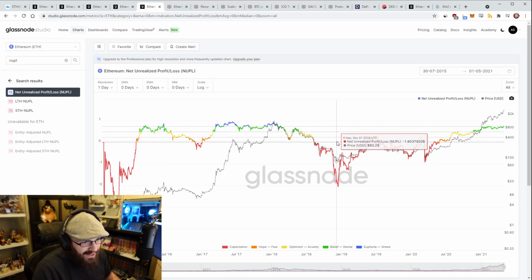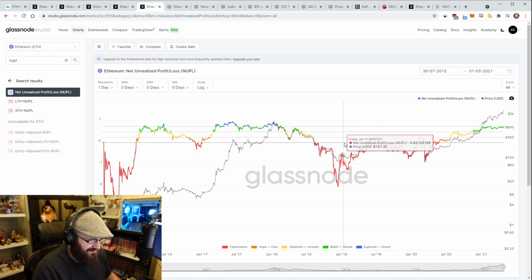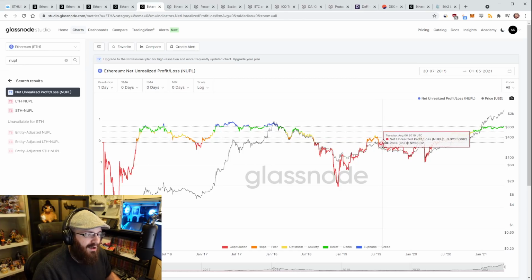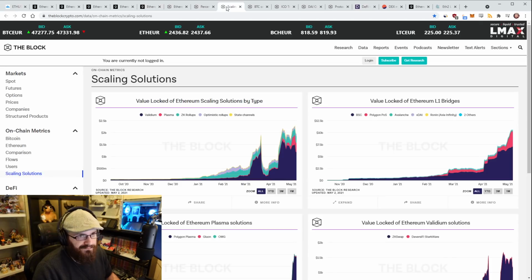And you can see here, this massive spike down to $8 the first time meant that most of the network wasn't in profit, they were in loss, essentially. Sorry, the losses were amplified here for a lot of people. And that's why you had that massive dip here in the red. So I do think this is a better bear market indicator than a bull market one. But still interesting to see when this is going to go into the blue for the first time here.